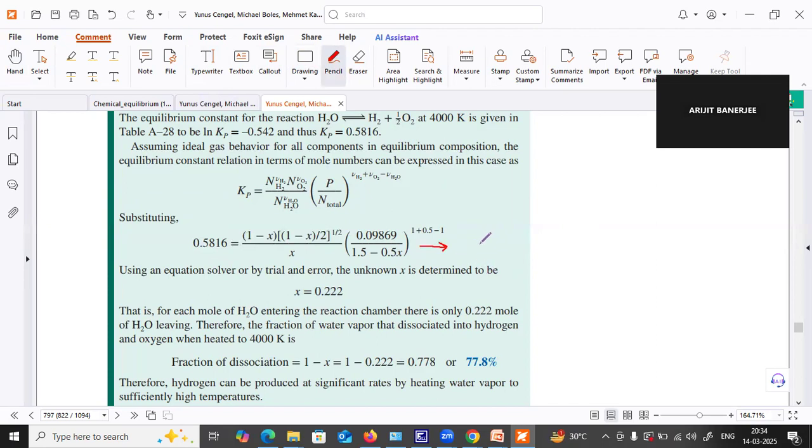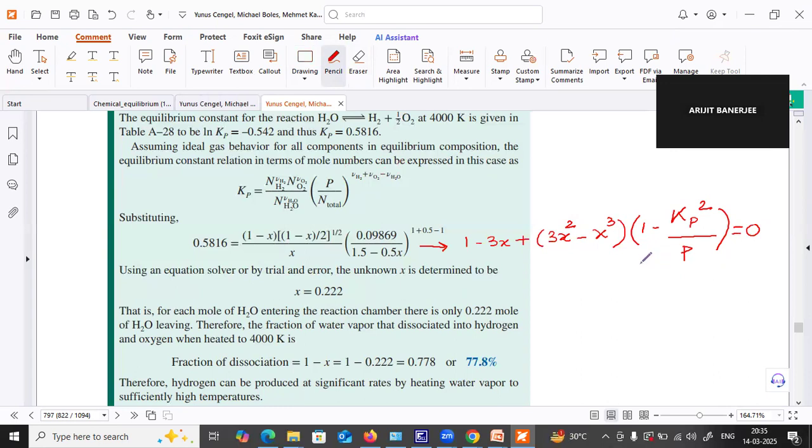It is 1 minus 3x plus 3x square minus x cube, multiplied by, sorry, I will better write this: 1 minus Kp square by P, where P is pressure, is equal to 0.